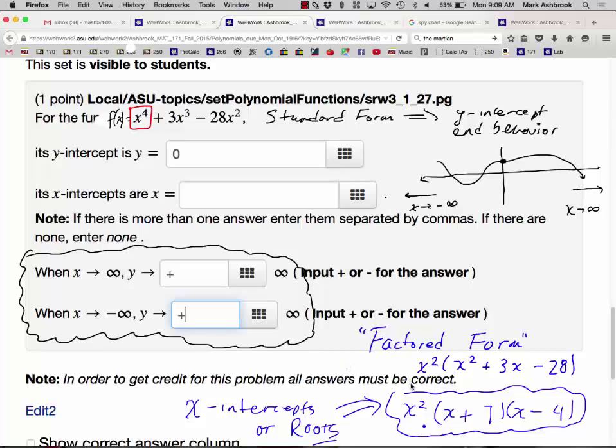We're looking for values of x that make y equal 0. So we start here. What value of x makes y equal 0? 0. Next factor. If that factor is 0, then the whole thing is 0, because they're all multiplied. And if this thing is 0, the whole thing is 0. 4.